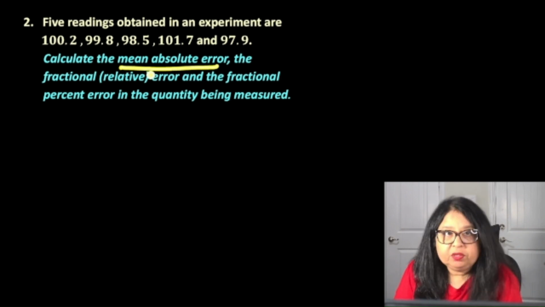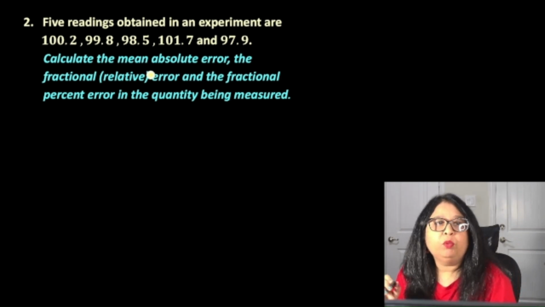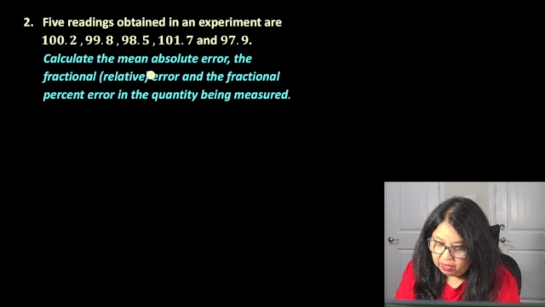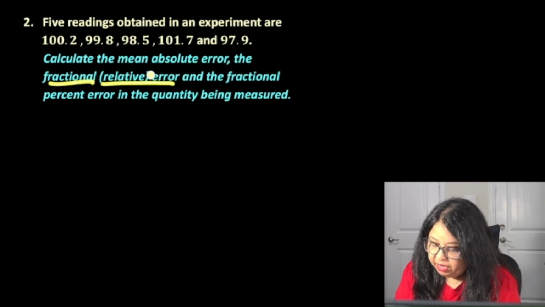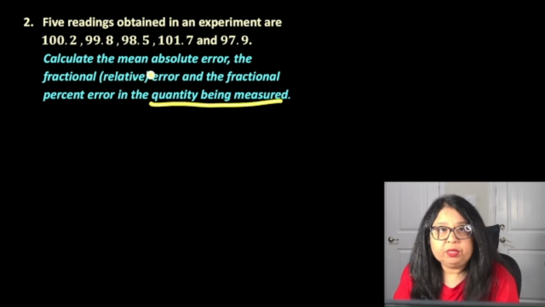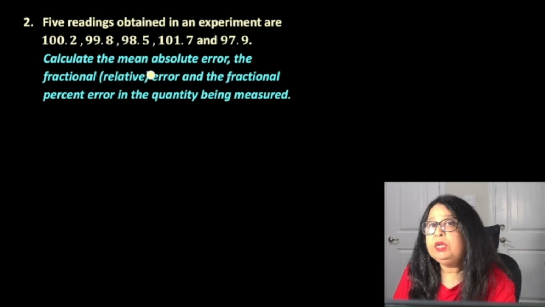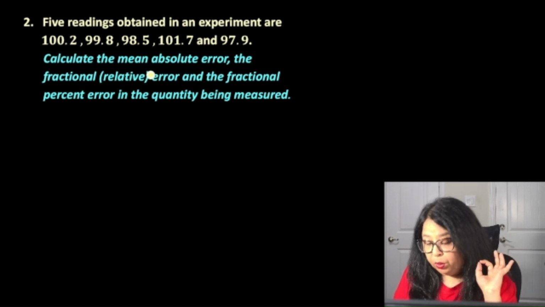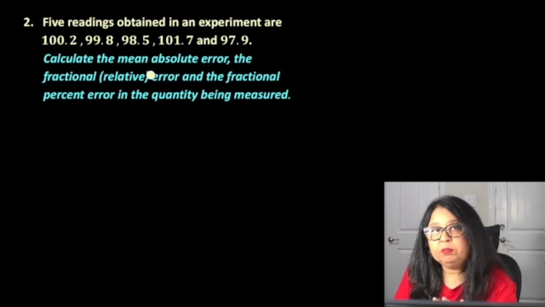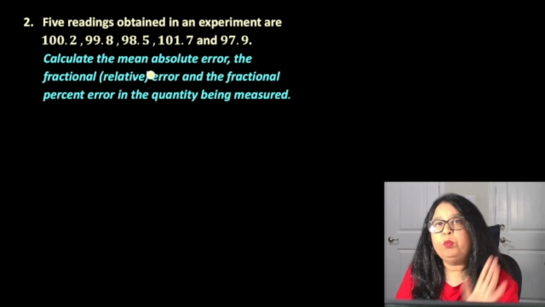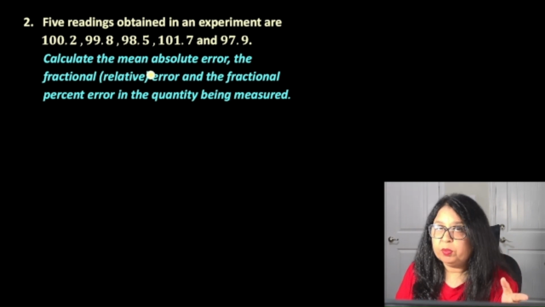Calculate the mean absolute error, just like what we did in the previous problem, the fractional or relative error, and the fractional percent error in the quantity being measured. We're not told what quantity it is, and nor do we need to know that. We're going to solve this problem exactly the same way as we did the previous problem.